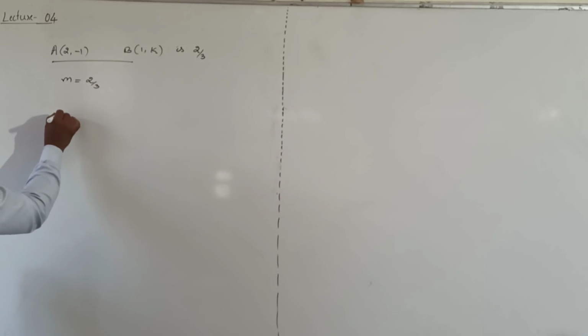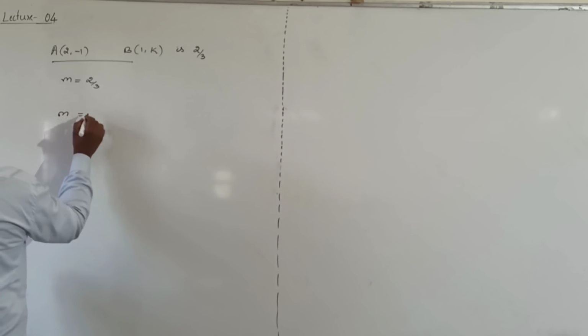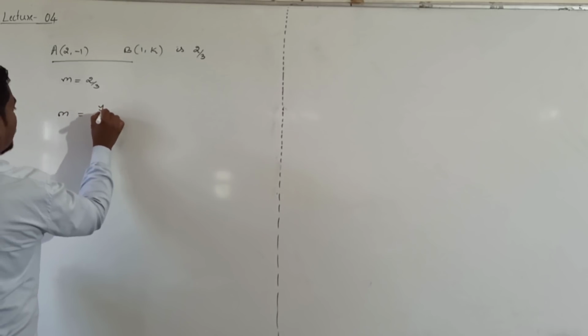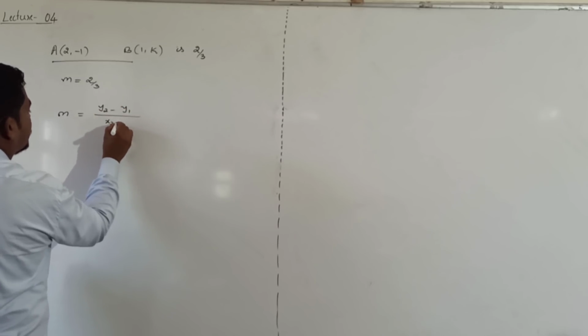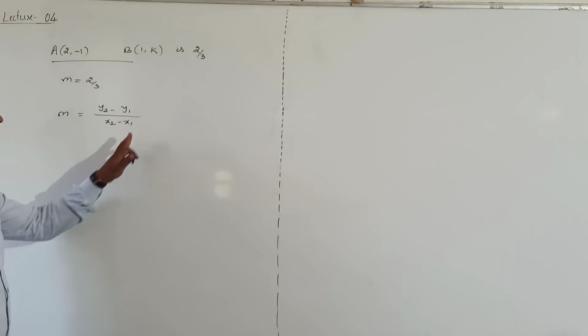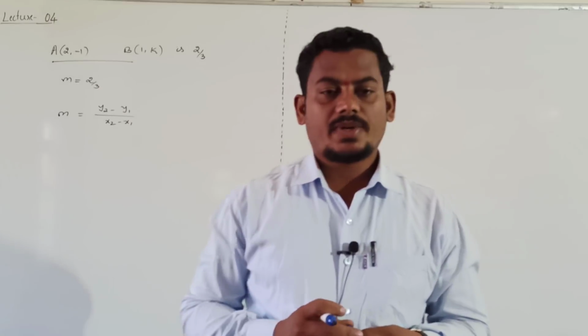After that, the slope formula: slope of the line joining 2 points, m is equal to y2 minus y1 divided by x2 minus x1, right? Treat the first point as x1 y1 and the second point as x2 y2, right?